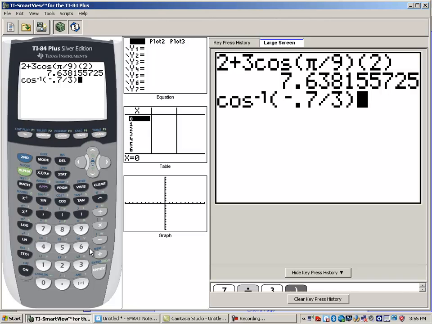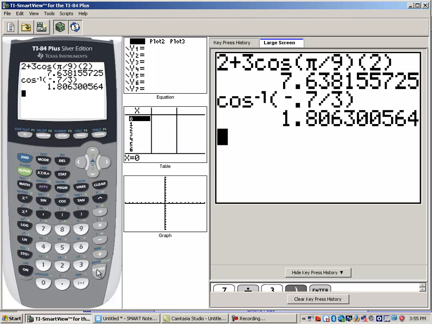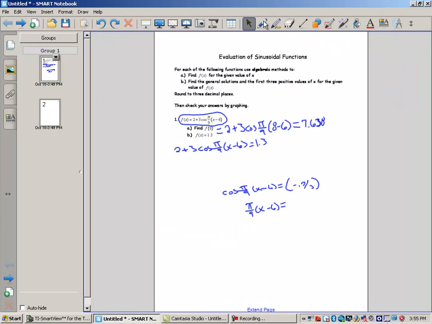And let's see what that is. 1.806. Alright, so let me get back my blue pen here. And I'll get that that's 1.806.